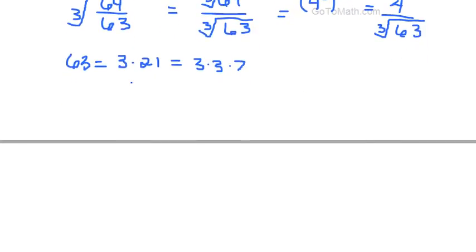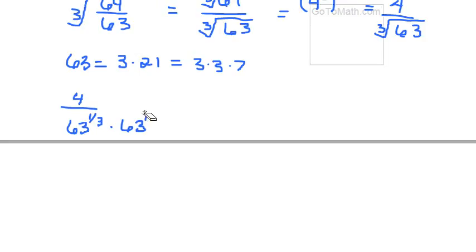We're writing 4 over, and I'm going to write it like this: 63 raised to the 1/3 power times 63 raised to the what? 2/3 power.